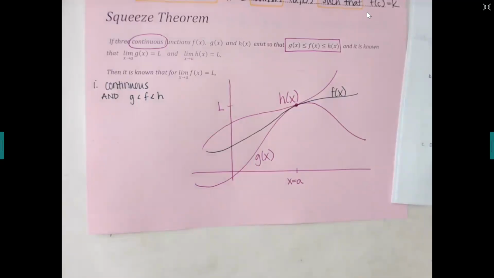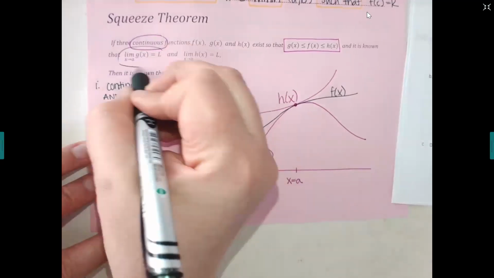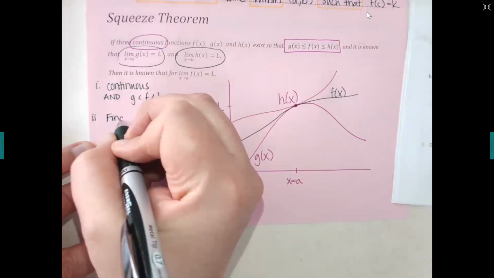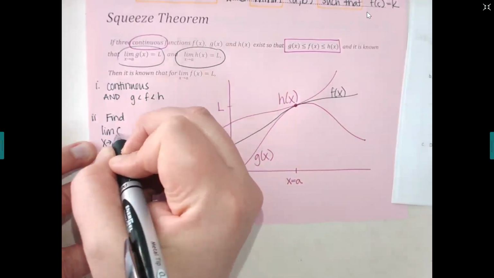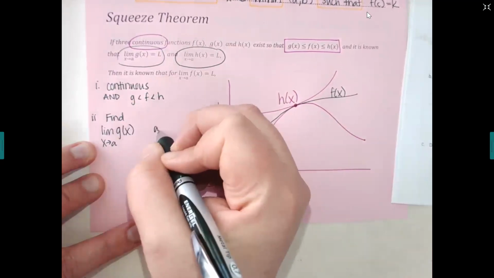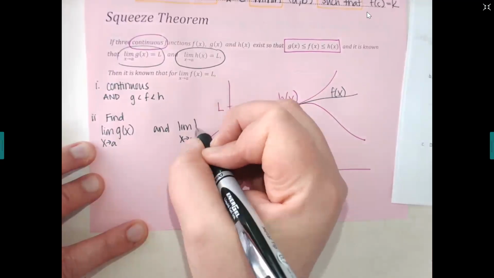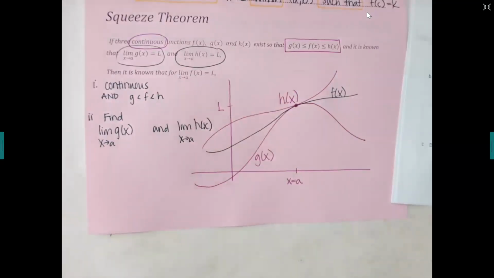So if those two conditions are met, then you're going to find your limit for the first one and the second one and make sure that they come out equal. So we're going to find the limit as x approaches a on g of x, and the limit as x approaches a on h of x. If they come out the same, then I know what f would have had to be.